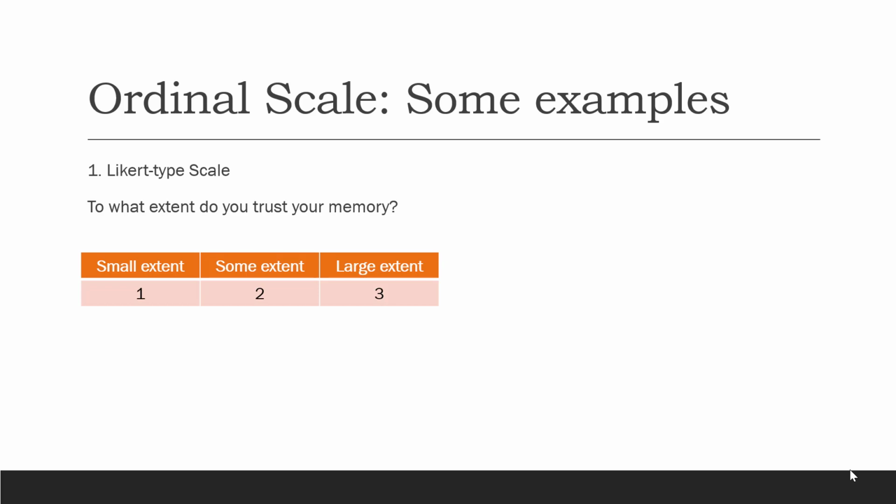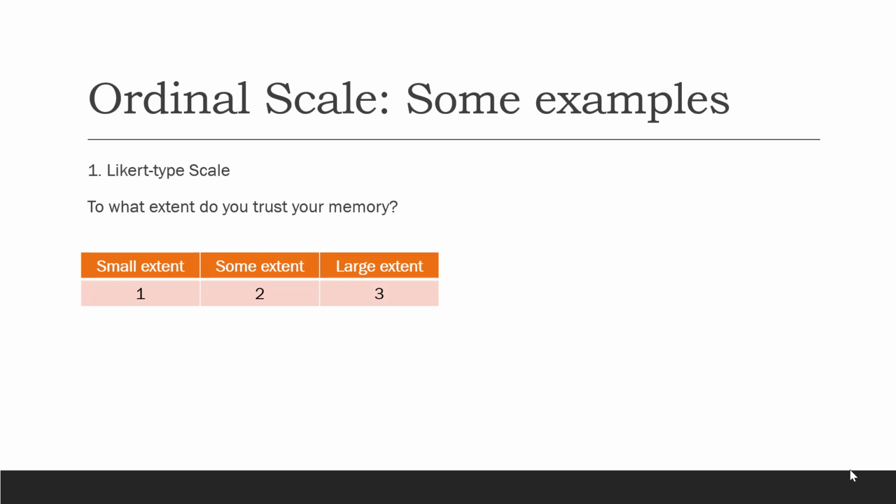Looking at this hybrid Likert type scale, we can see that 5 options are reduced to 3 options for the respondent to choose one option, and the response categories are also changed from strongly disagree to strongly agree to small extent, some extent, large extent.